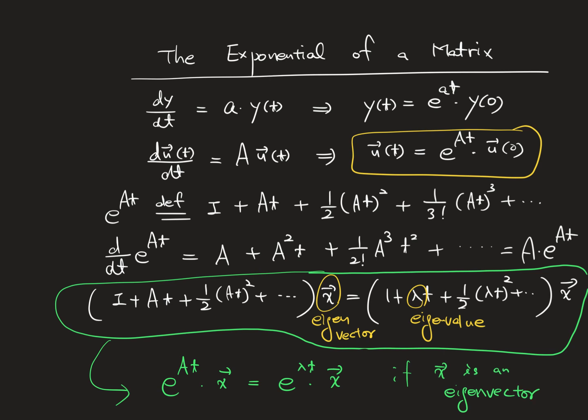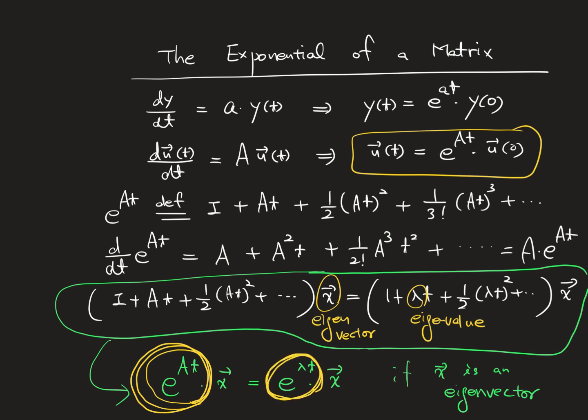So now we can say that the matrix here is e to the at. What is the eigenvalue of e to the at? This is matrix e to the at, and we want to find its eigenvalue. The eigenvalue is e to the lambda t.